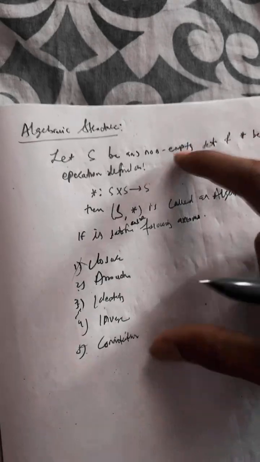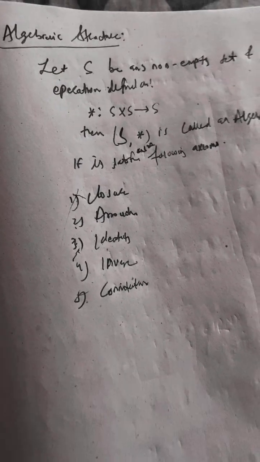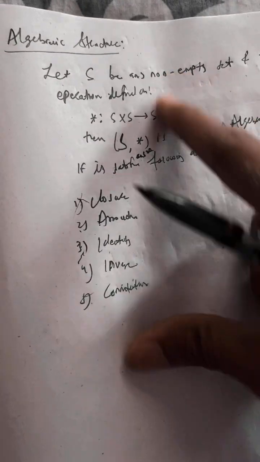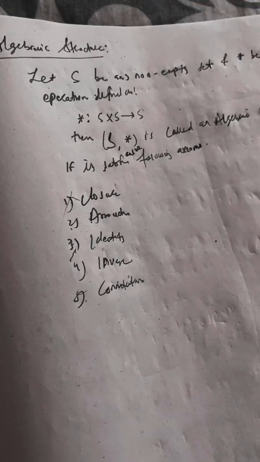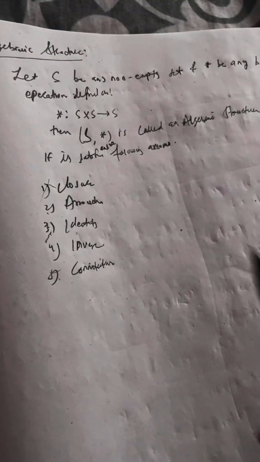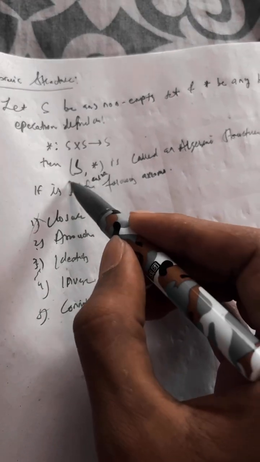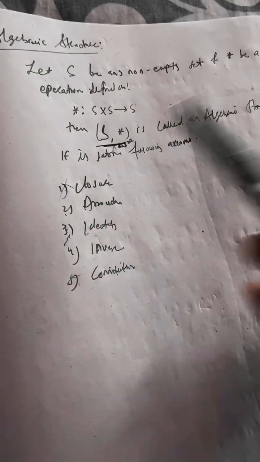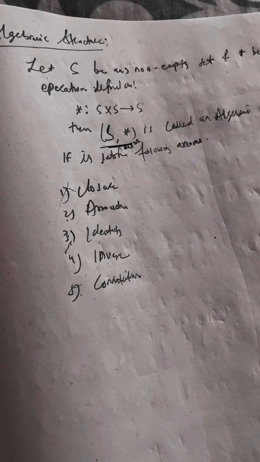But this is a very narrow definition, okay? It is not complete. Why is it not complete? Because our algebraic structure is very special. See here, right? It has one set, one operation.